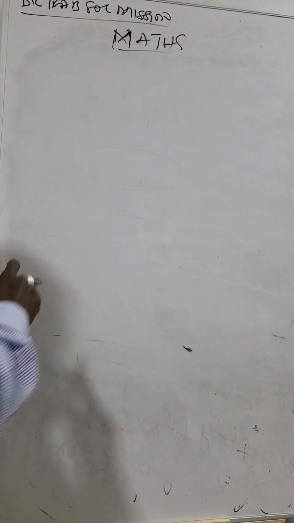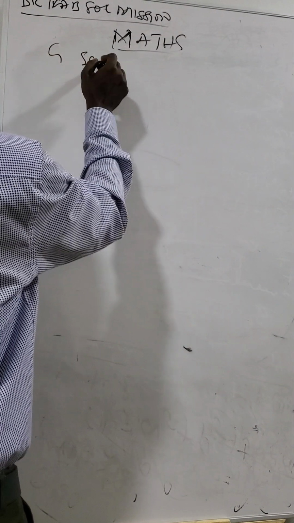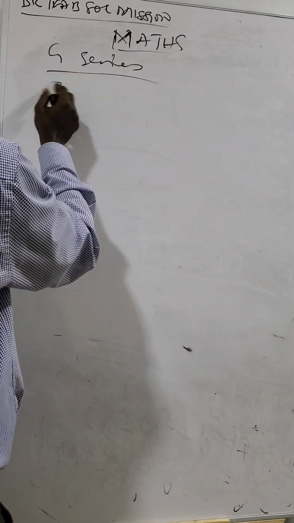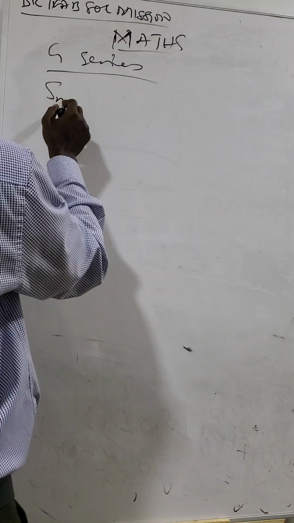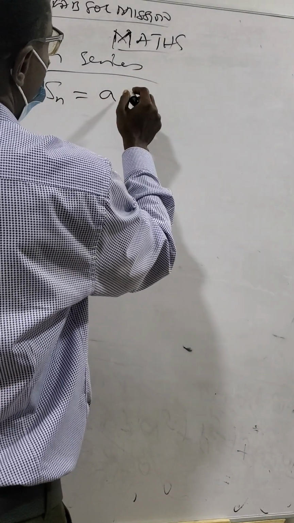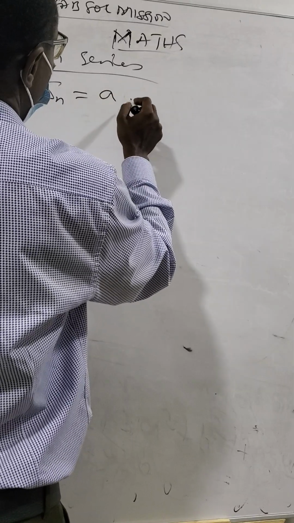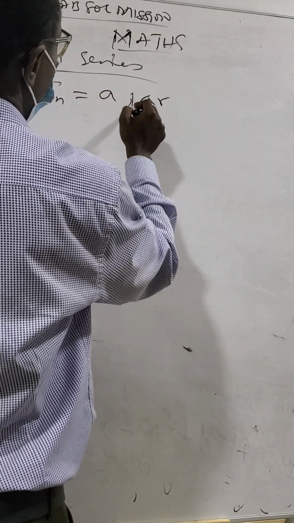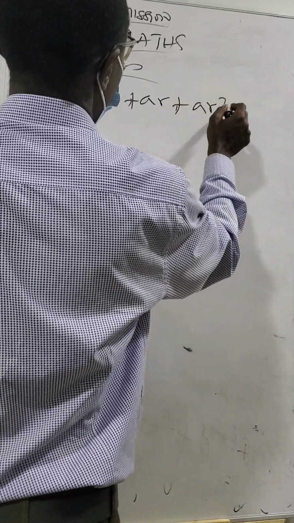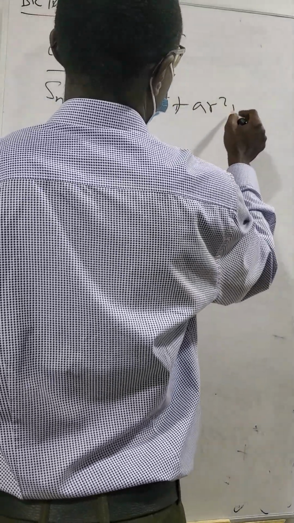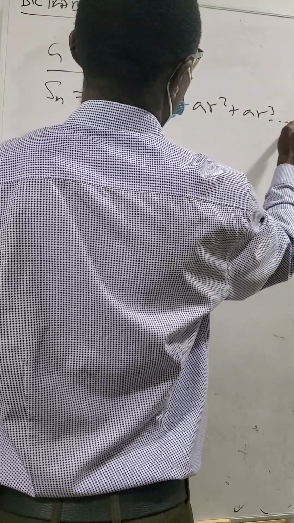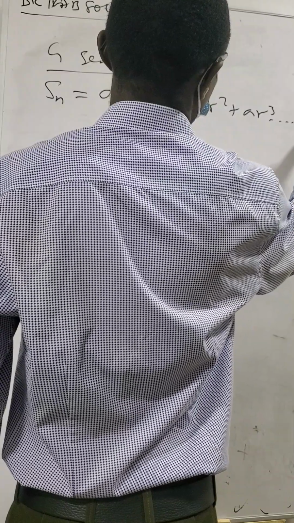So let's assume we are on the geometric series, okay? We have our summation, the sum. If you are adding the numbers, let's say Sn becomes the first one, which is a, the second one will be ar, plus the third one, which will be ar to the power 2, plus ar to the power 3, and so on until we come to ar to the power n minus 1.